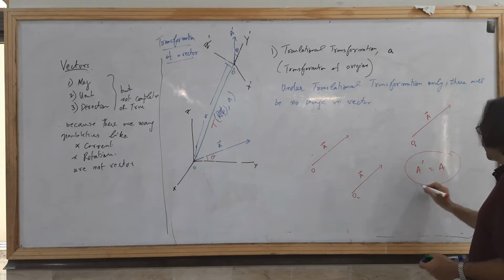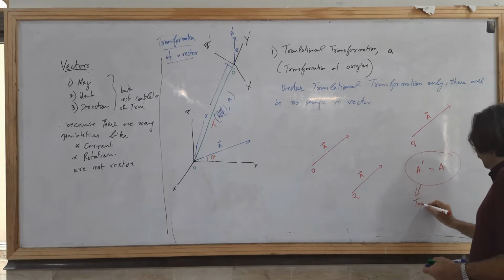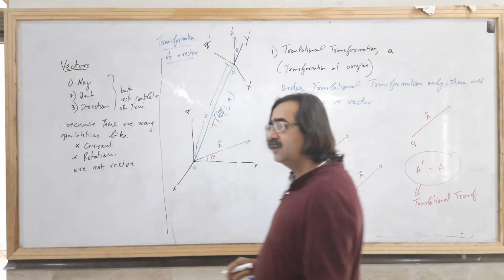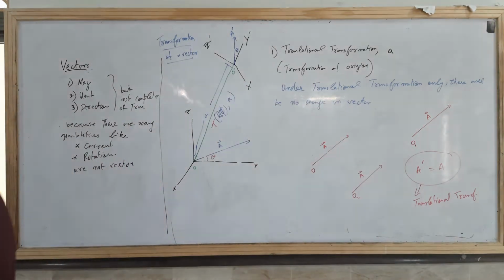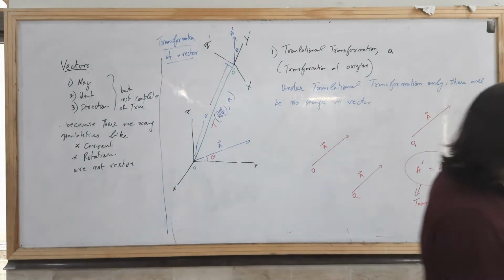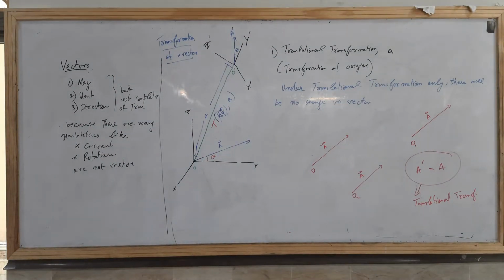Under translational transformation, vector A will always remain A. There will be no change in the vector. What about the second transformation?